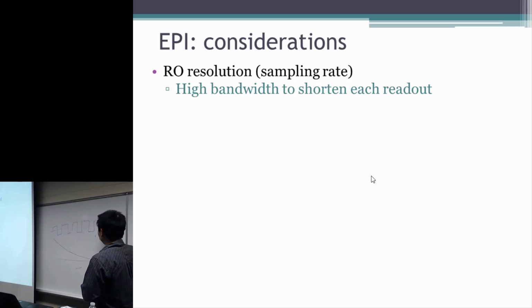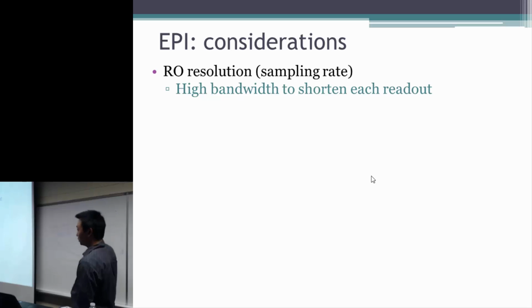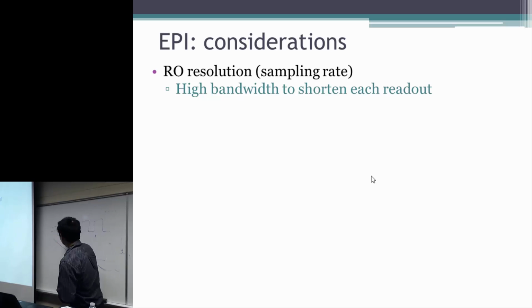So for any echoes collected when the signal has decayed basically down to the noise level, there's no point in collecting them. Usually we want to design this readout to be short enough to be within the T2 star decay range, so we do the data collection within a certain window and still have some signal to collect.